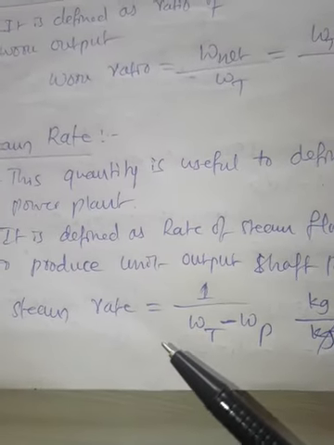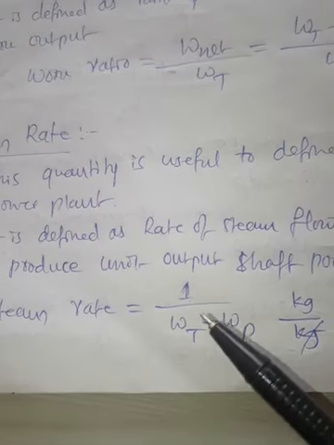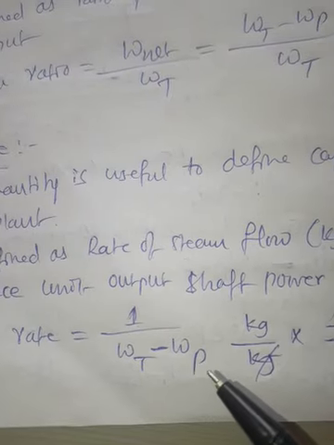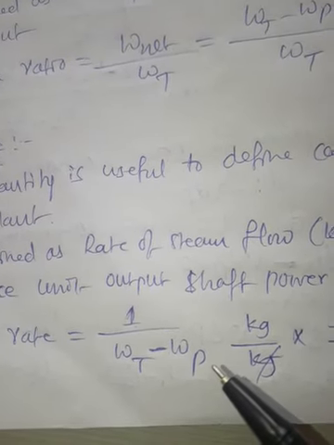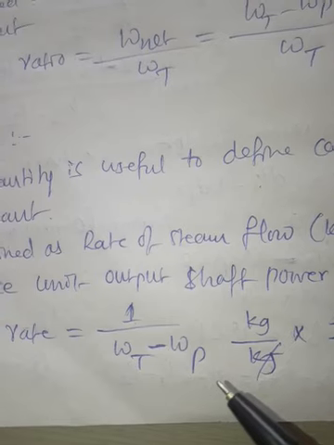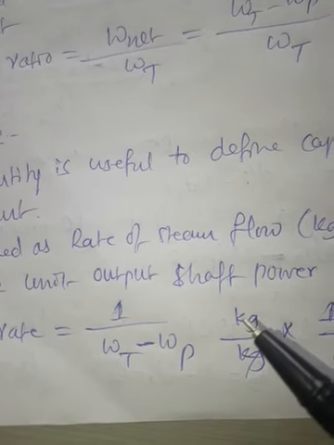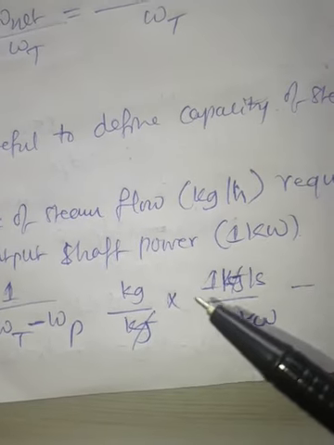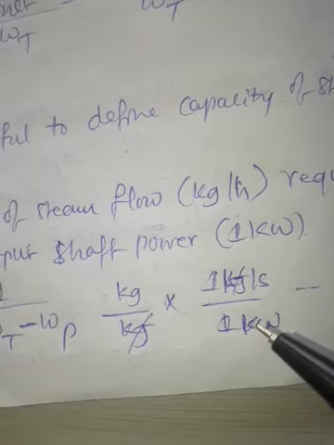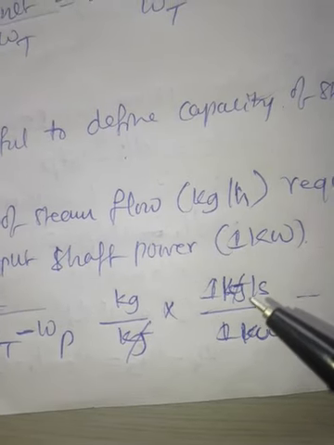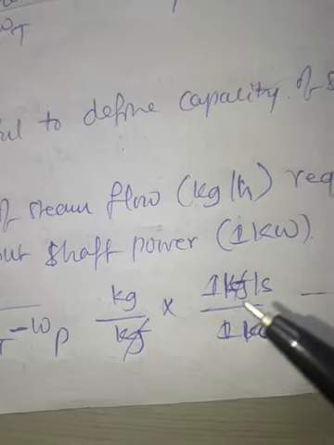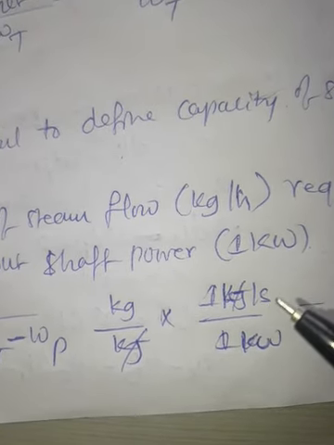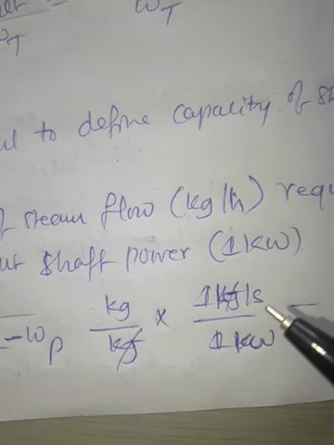So steam rate can be mathematically written as 1 divided by turbine work minus pump work, which has units of so many kilojoule per kg in the denominator. If I write kilojoule per kg in the denominator, kg will move to the numerator, so kilojoule remains in the denominator. If I divide and multiply by a kilowatt unit, the numerator kilowatt can be written as 1 kilojoule per second, because 1 kilowatt equals 1 kilojoule per second.